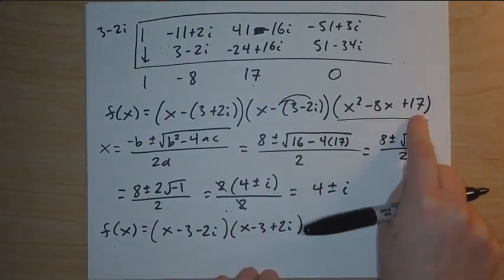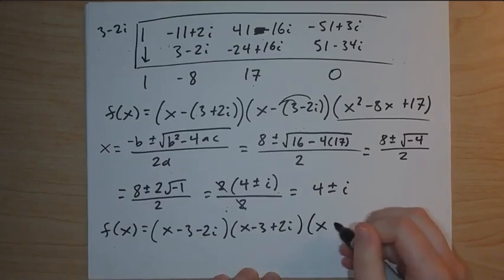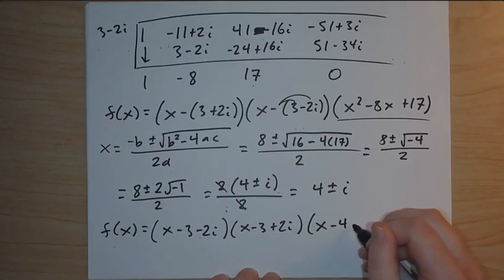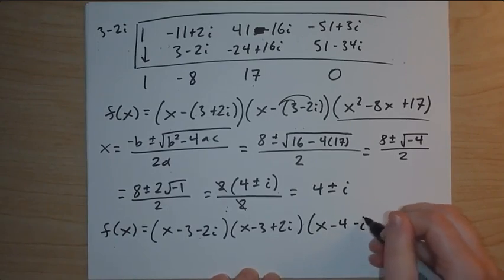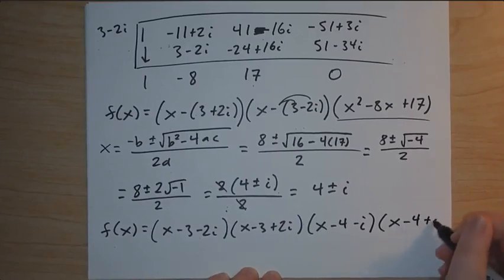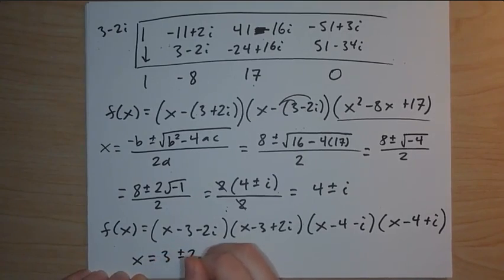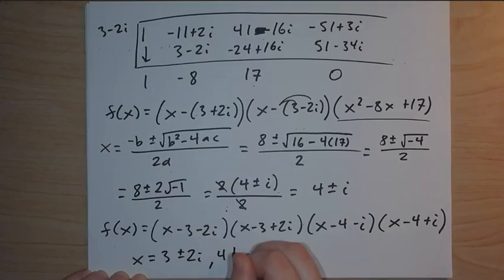And then this can be rewritten in terms of this, which is going to be x minus 4 minus i, and x minus 4 plus i. So this is the fully factored form of our polynomial function, and our zeros are x is equal to 3 plus minus 2i and 4 plus minus i. So that's our answer.